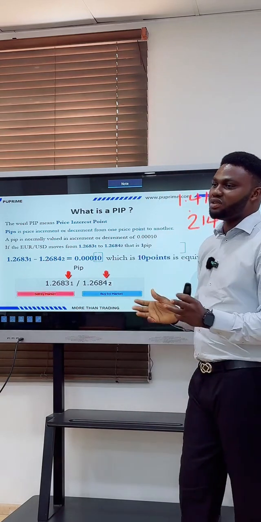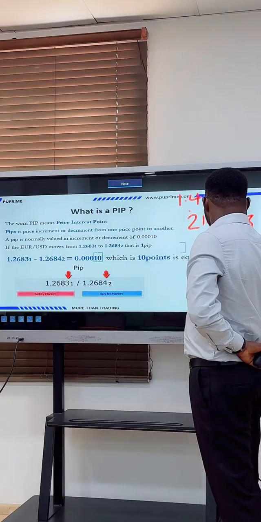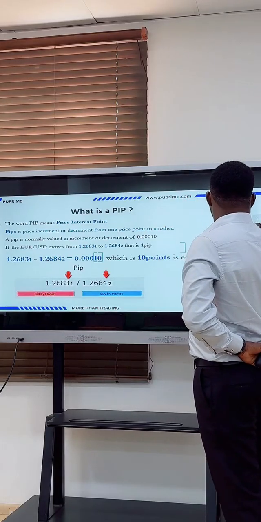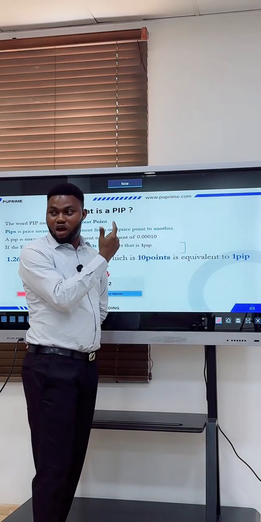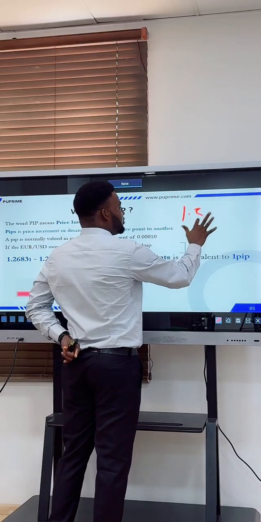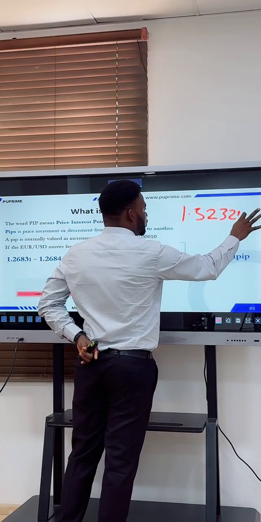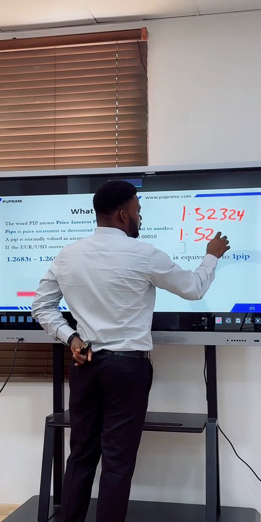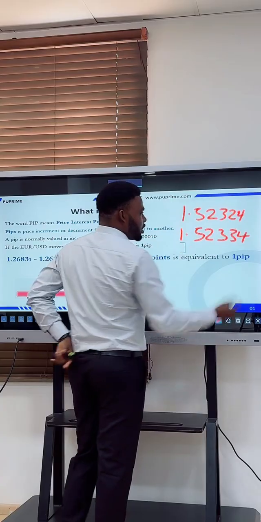Now, how we calculate a pip is this. I want to make it as practical as possible. Let's say the price moves from 1.5324 to 1.5334.